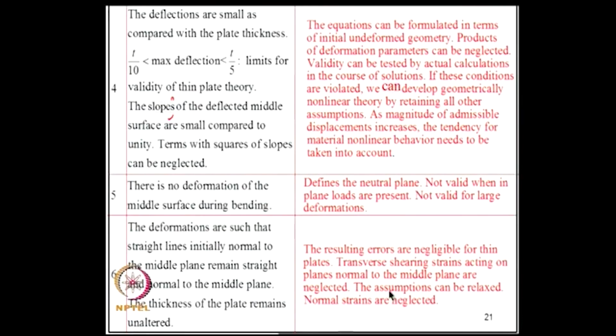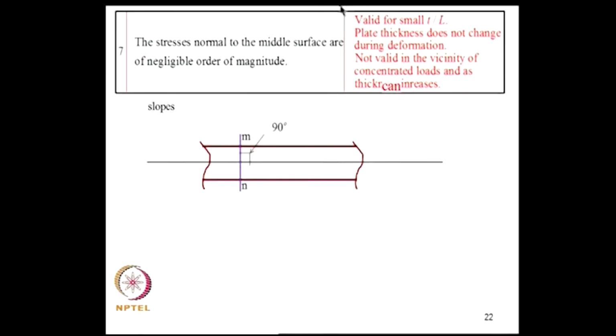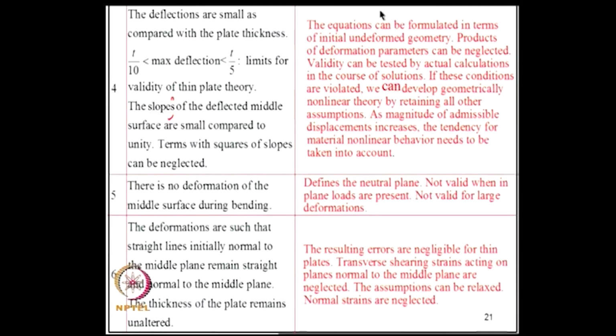The deflections are small as compared with the plate thickness and other descriptions given here. Now, this enables us to write equations, the equations now can be formulated in terms of initial undeformed geometry. Products of deformation parameters can be neglected.